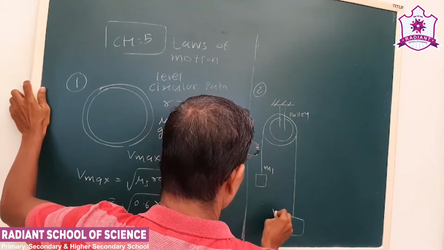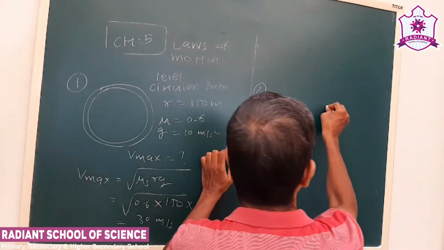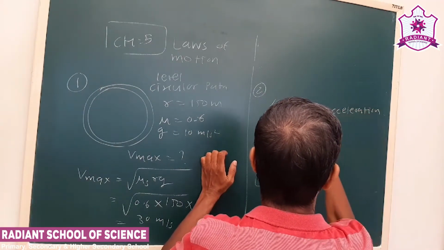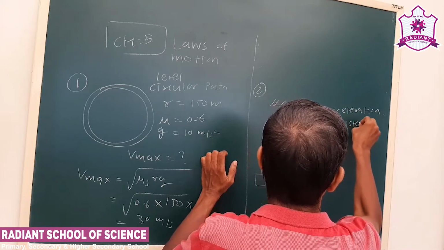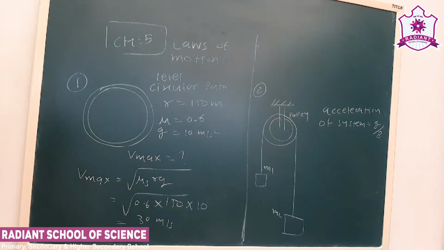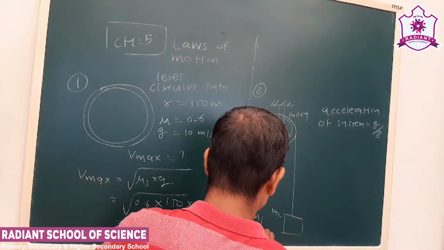The masses are m1 and m2. The resultant acceleration of the system is given as g by 8. We have to calculate the ratio of masses m1 upon m2.